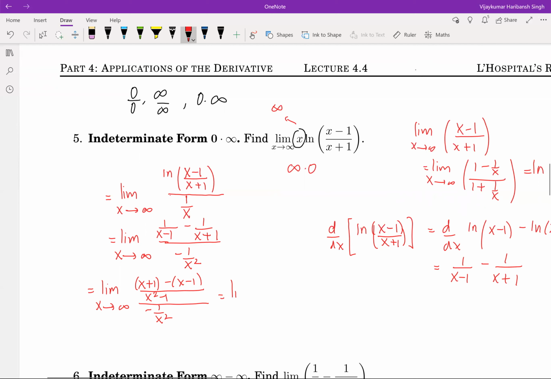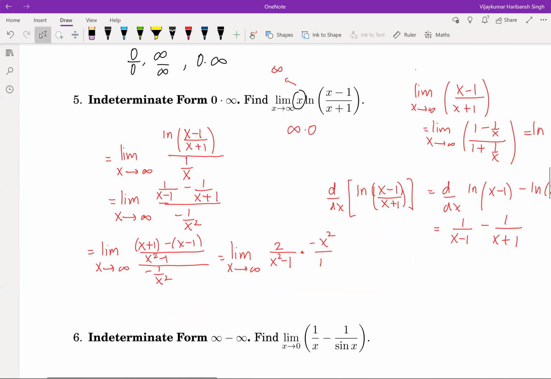So we get limit as x goes to infinity, x will cancel, so 2 upon x squared minus 1. And you're dividing by this guy, so it's same as multiplying by the reciprocal, 1 by x squared. So this is going to be limit as x goes to infinity minus 2x squared upon x squared minus 1.